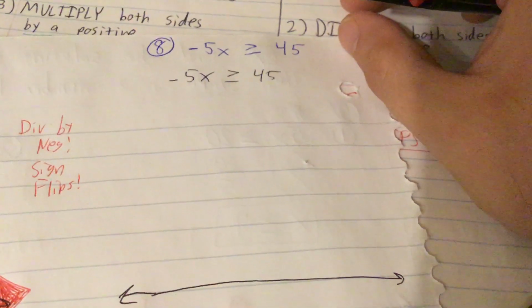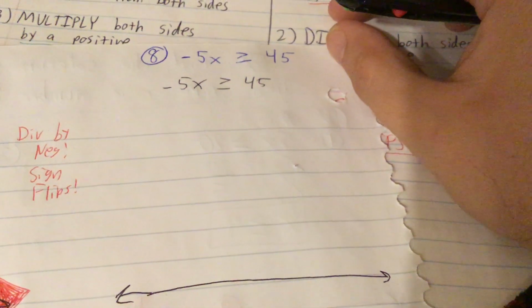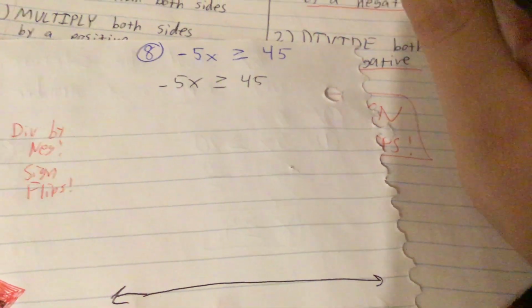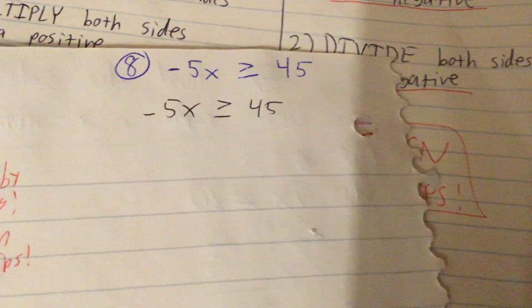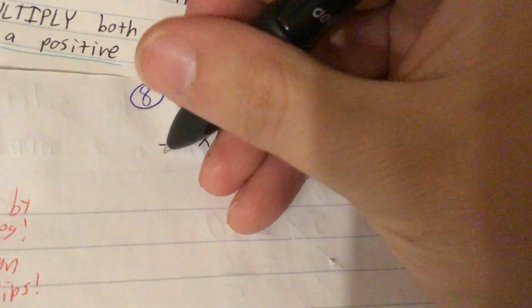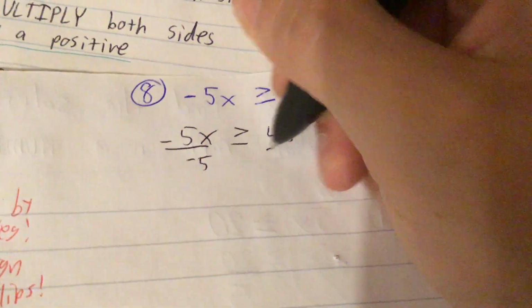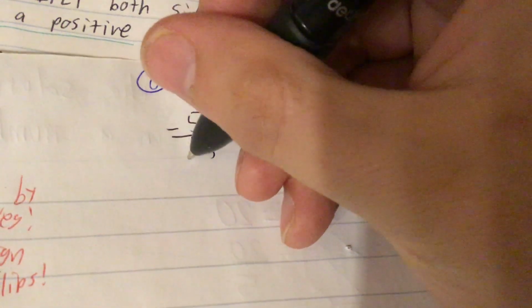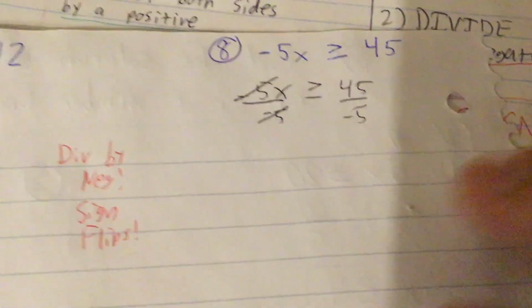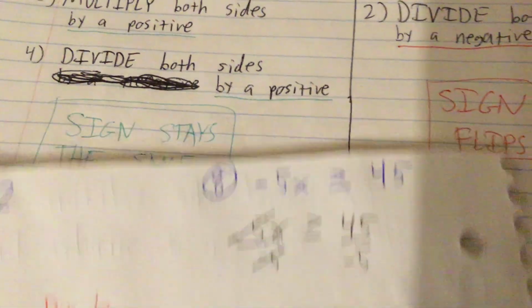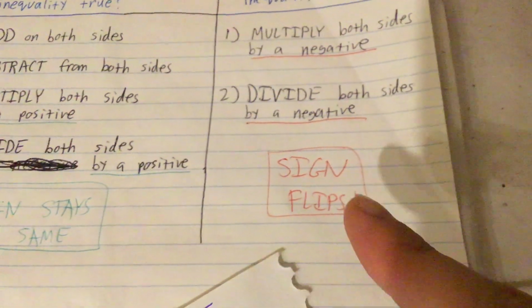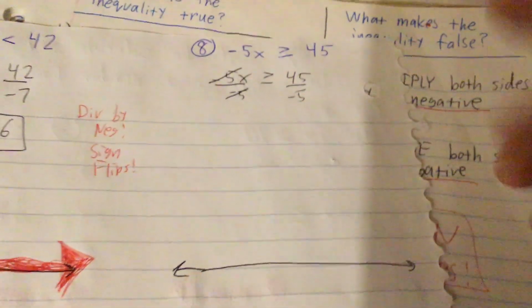All right. Negative 5x is greater than or equal to 45. So how do I solve for x for this problem? I'm going to divide both sides of the inequality by negative 5. And I'm going to check what did I do on both sides. Well, I divided both sides of the inequality by a negative number, so the sign needs to flip.